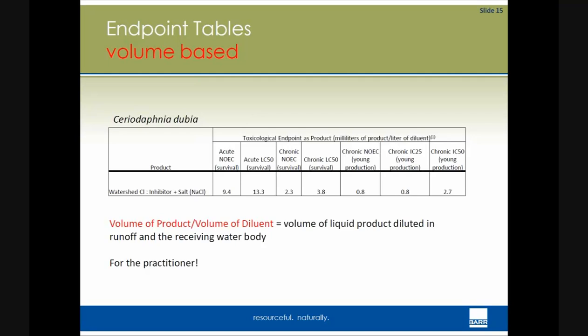The temperature we did the study at was a standard EPA testing temperature of 25 degrees Celsius. So it's much warmer than you expect your receiving water body to be. So I think that if there is any stress due to oxygen, you would see that at that warm temperature.